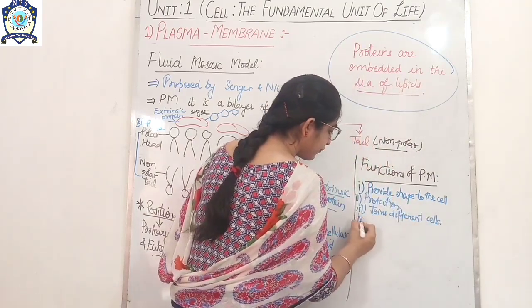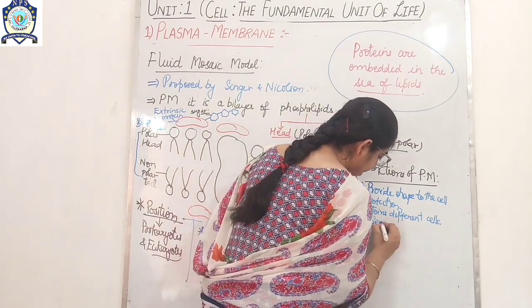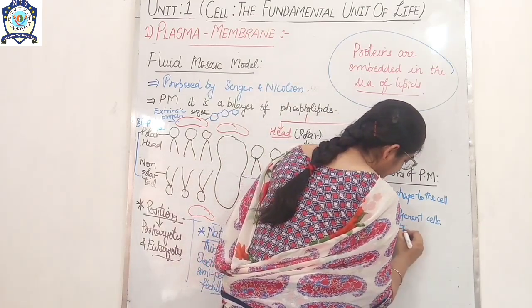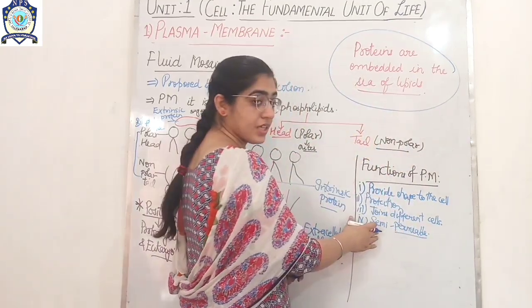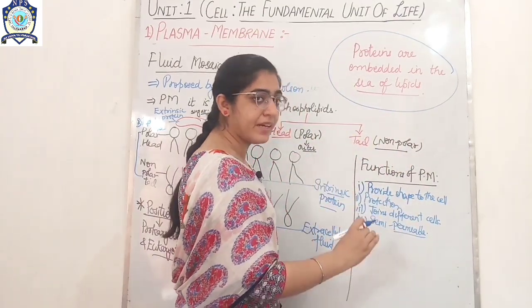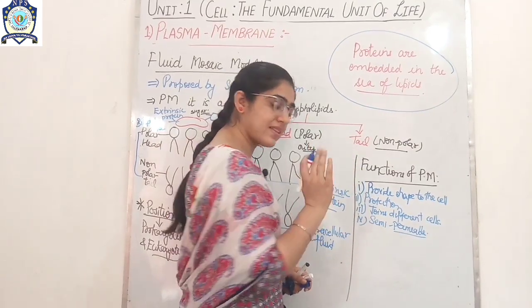Okay, and the fourth one, as it is semi permeable, तो semi permeable nature के behalf पे how you can define its function, it allows only the selected material to move in and out of the cell.